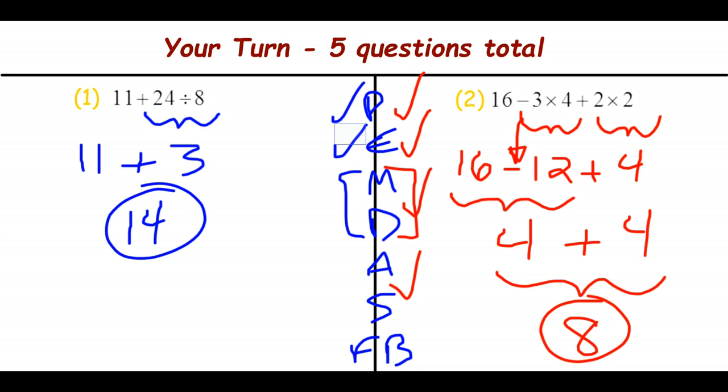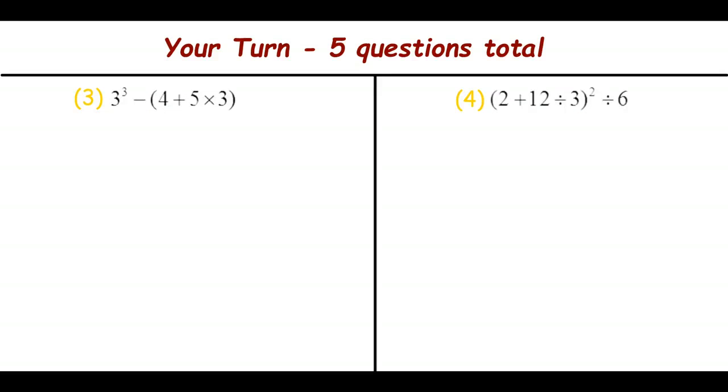Moving on to numbers 3 and 4, for number 3, let's write PEMDAS FBA again. We can probably ignore the FBA because there are no fraction bars here. Let's start with number 3, parentheses. Looking in these parentheses, we have multiple operations, so we have to follow the order of operations inside the parentheses. We always follow the order of operations.